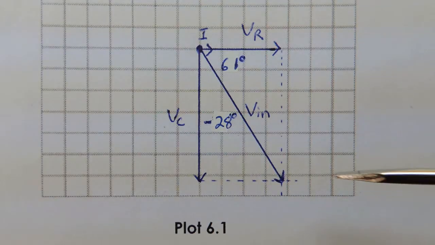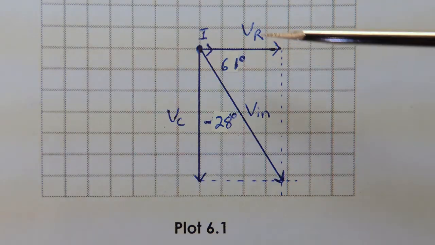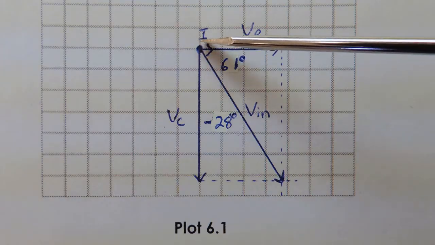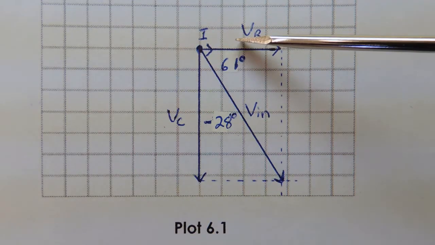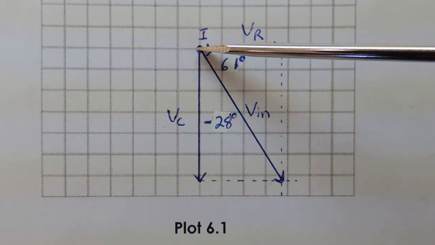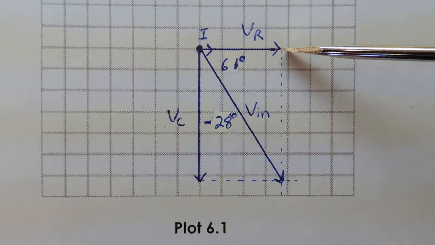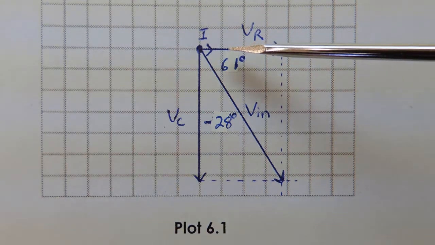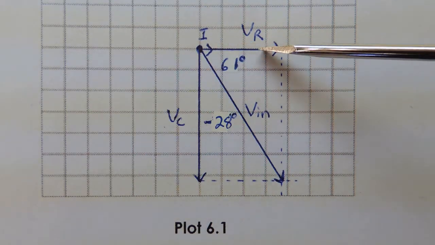So to draw the phasor diagram for plot 6.1, we start by drawing I on the horizontal axis, and VR is in phase with I, so on the horizontal axis I'm going to draw VR. Now VR is 361 millivolts, so I'm doing about 100 millivolts per division, so 100, 200, 300, and approximately 61.